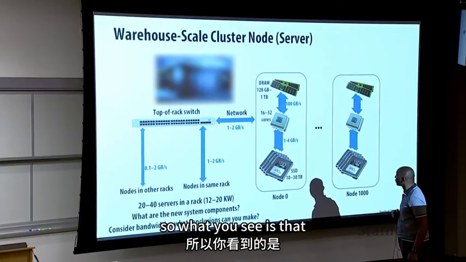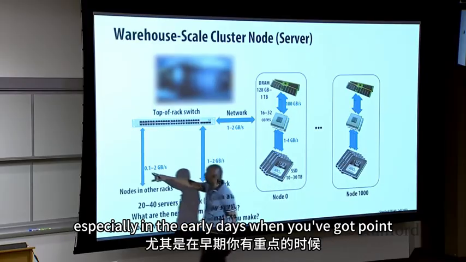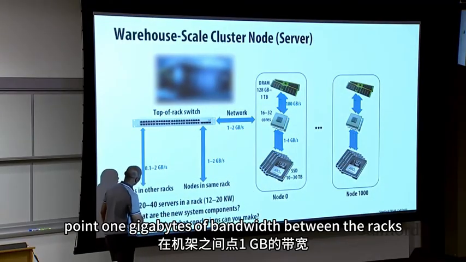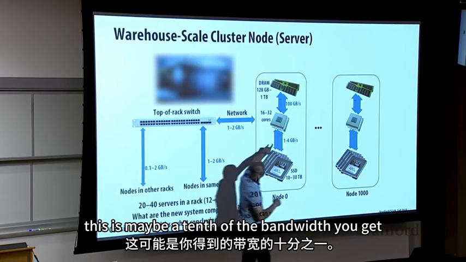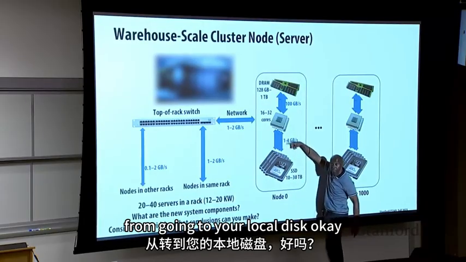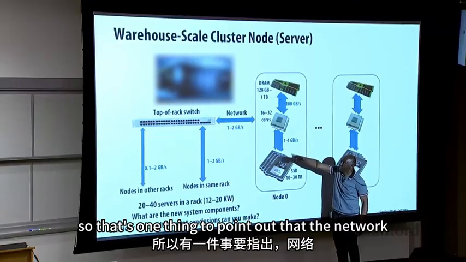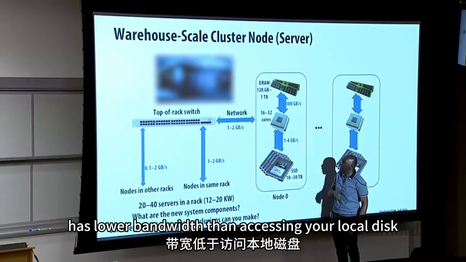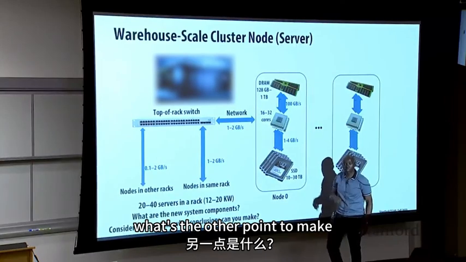So what you see is that the network, especially in the early days when you've got 0.1 gigabytes of bandwidth between the racks, this is maybe a tenth of the bandwidth you get from going to your local disk. Okay? So that's one thing to point out, that the network potentially has lower bandwidth than accessing your local disk. What's the other point to make?